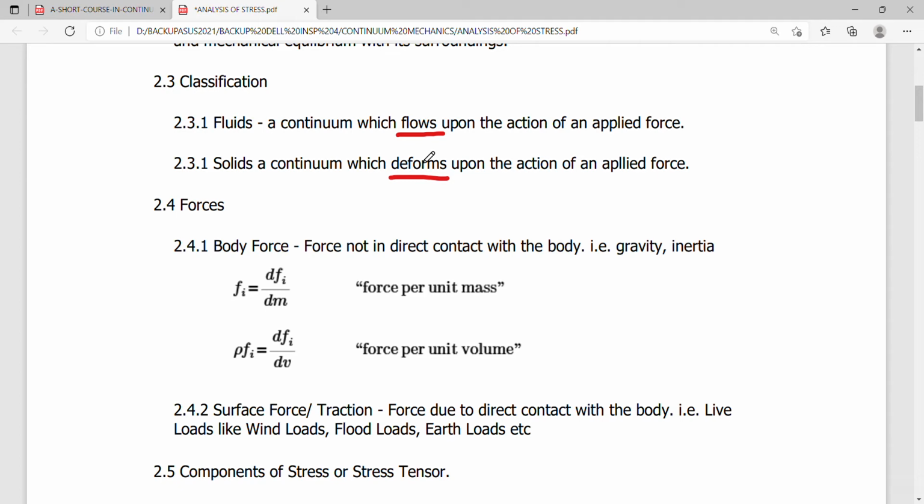We normally use the variable Fi to define the body force in terms of a force per unit mass and a force per unit volume. For the surface force or the traction force, these are the forces due to direct contact with the body, such as the live loads that act on a structure like wind, flood, and earth loads.